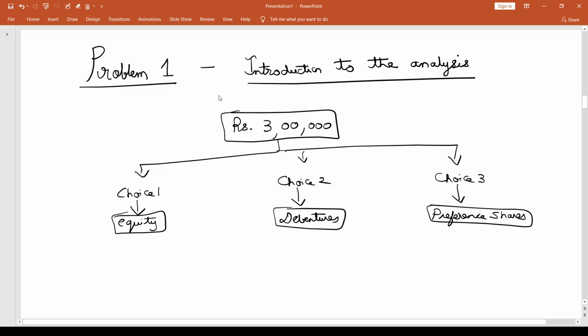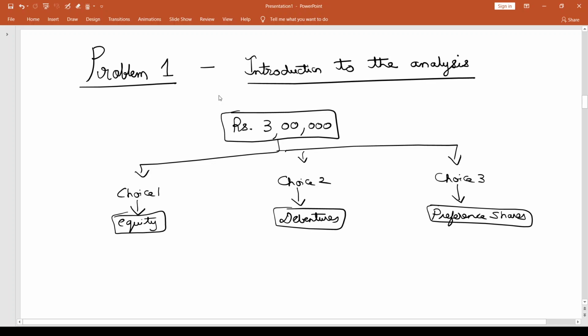And this is the question, and I need to be answering this question by doing this analysis called EBIT to EPS analysis. In the question, what I am told is, regardless of the source of finance, the new project under consideration promises a return on money invested at 10%. So when I say return on money invested, here I refer to operating profits.